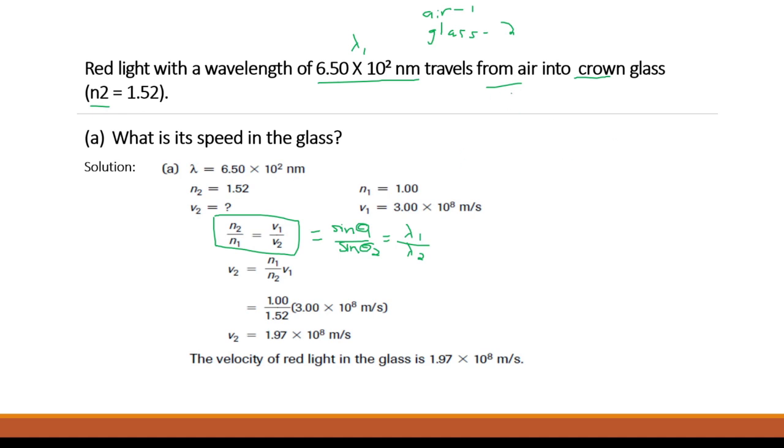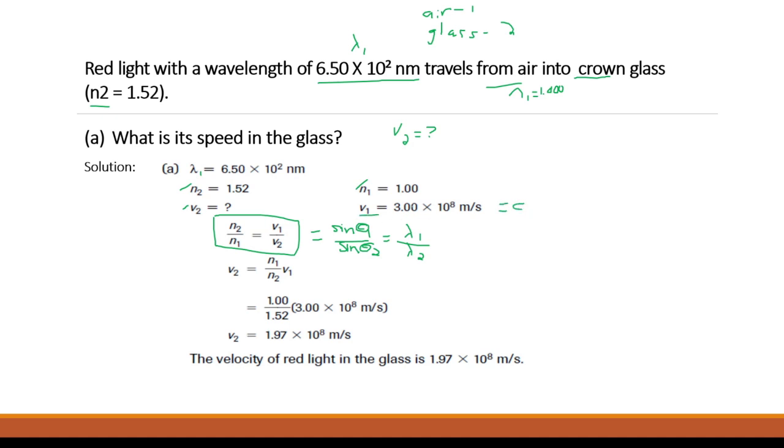From that chart, we know we've been using n1 equals 1.00 for air from that list of refractive indices from a few lessons ago. And we want to find V in the glass, so that's 2. So we have our lambda 1, n2, v2, n1, and since we're working with light, we can say that the speed of light is equal to c.